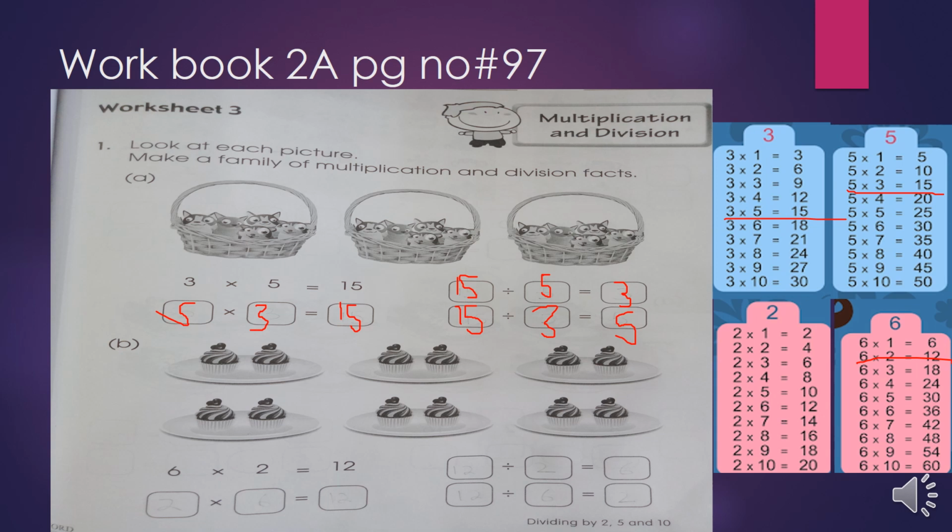Moving forward to the division sentence, first of all we have to write 12 is the total number, and when we are dividing into a group of 2, or circling in a group of 2, how many groups will be there, or how many plates will be there, class? We have already done it. How many plates are there? 6. So there are 6 groups. 12 divided into a group of 2, the answer will be 6 groups.